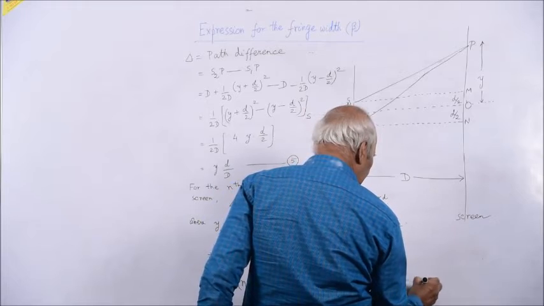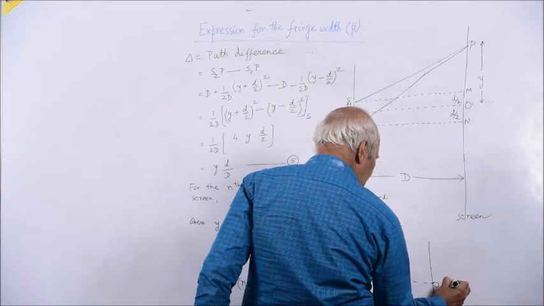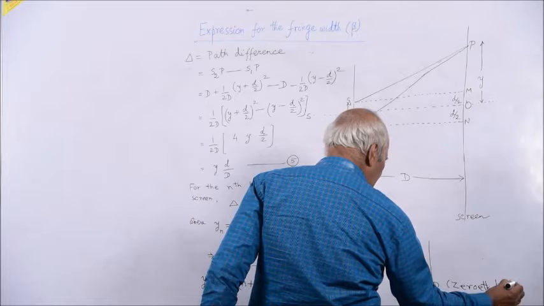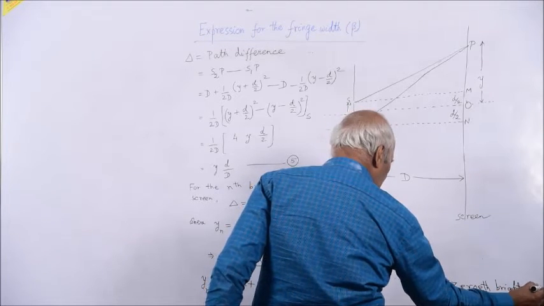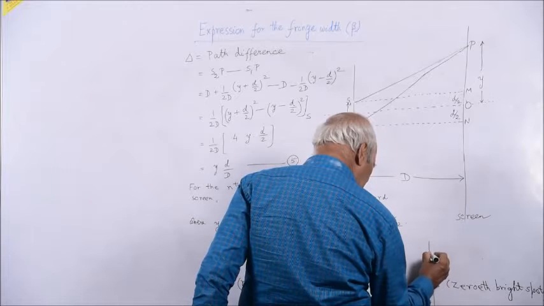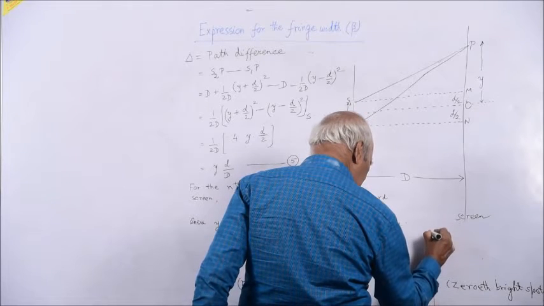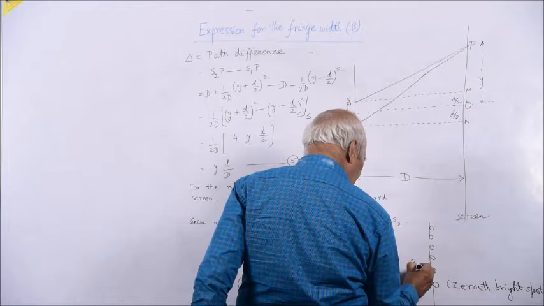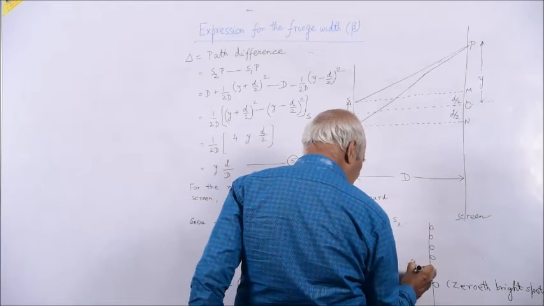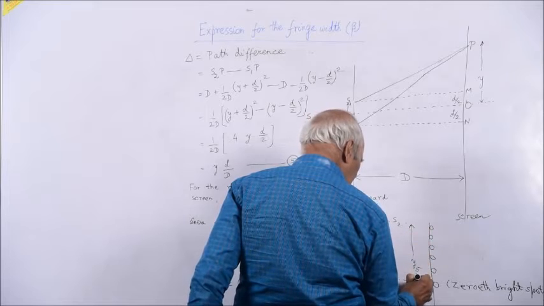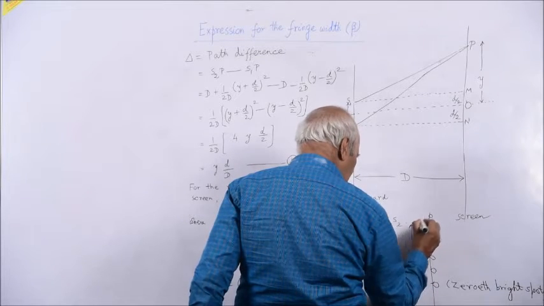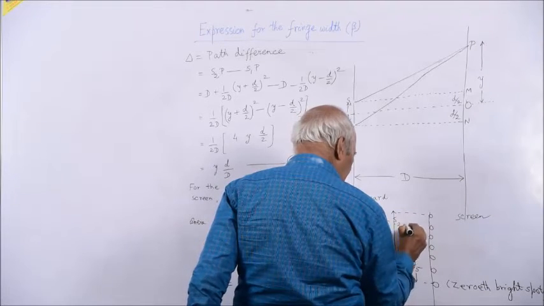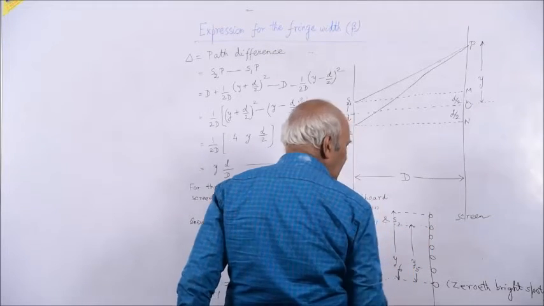So, now here will be the 0th bright spot, then suppose it is y_n: 1, 2, 3, 4, 5, y_5. So, y_6 will be this one, that is y_(n+1).